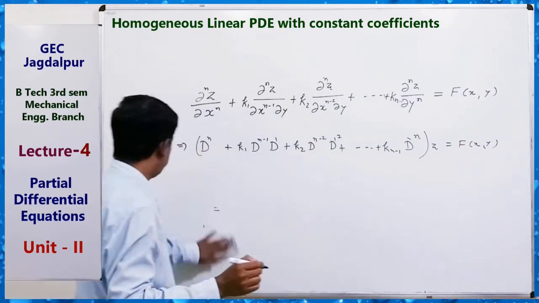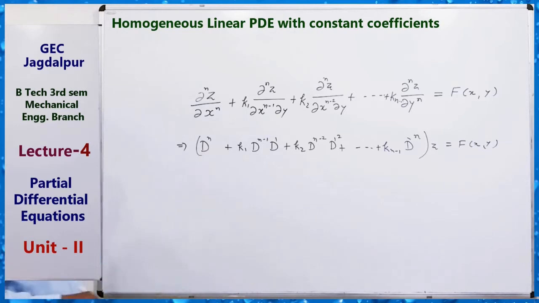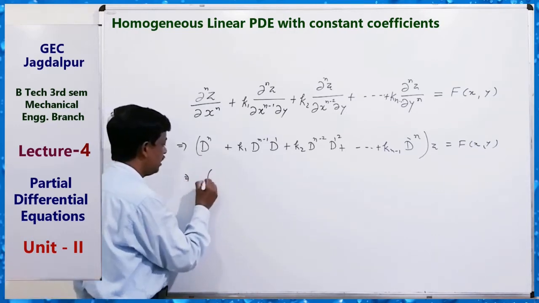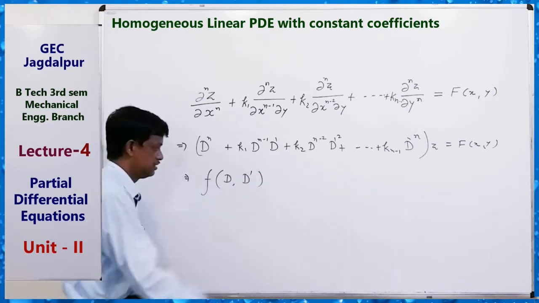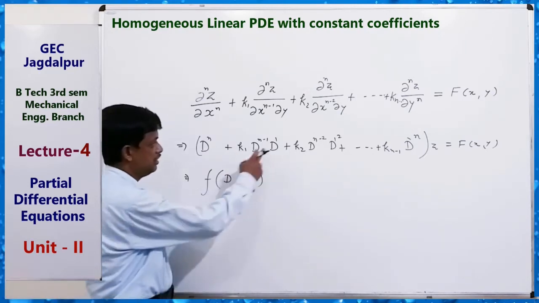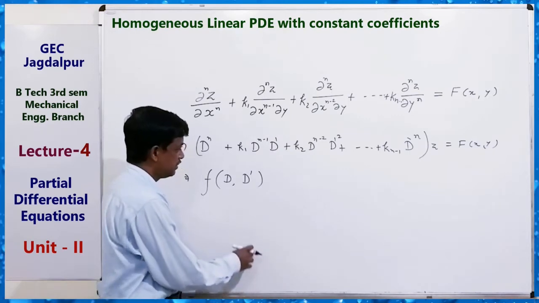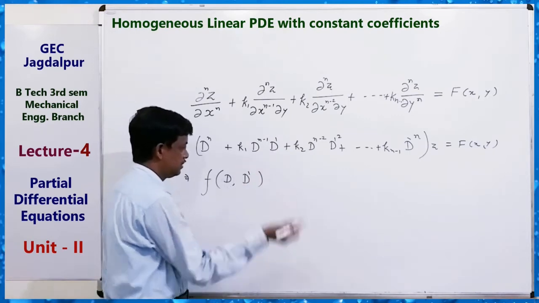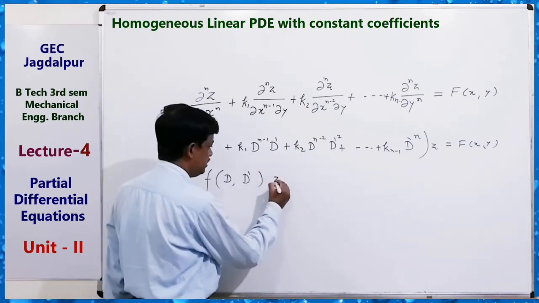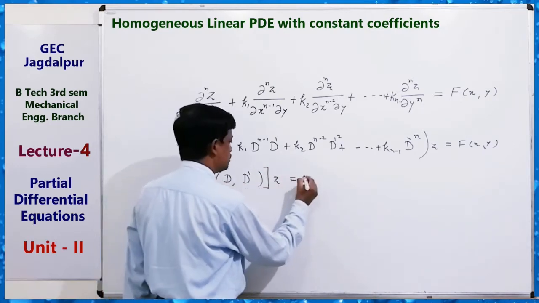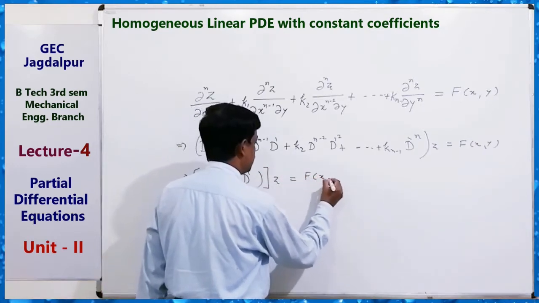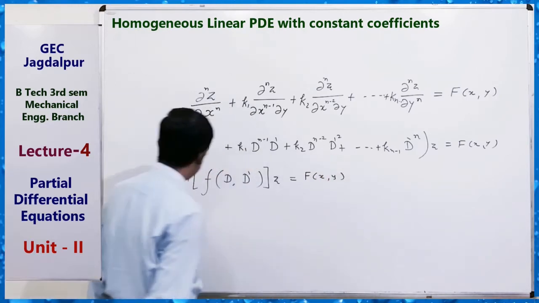If we use this notation, then we can write this as F of D, D dash applied to z equals a function of x y.